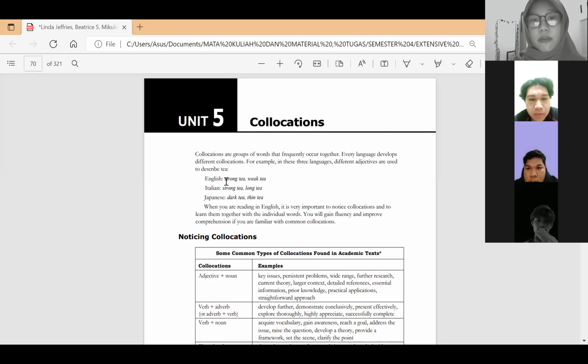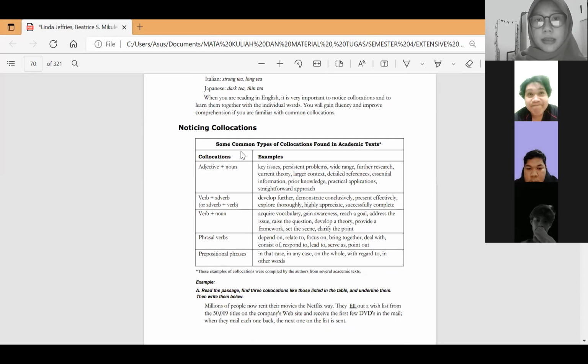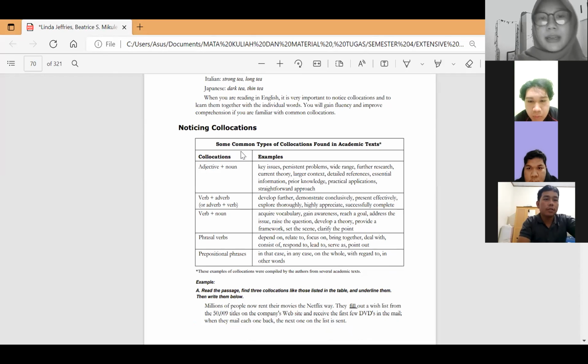As you can see from the screen, this table shows some common types of collocation found in academic texts. For the forms of collocation, first is adjective plus noun, for example key issues, persistent problems, wide range. Second, verb plus adverb or adverb plus verb, such as develop further, demonstrate conclusively, present effectively.